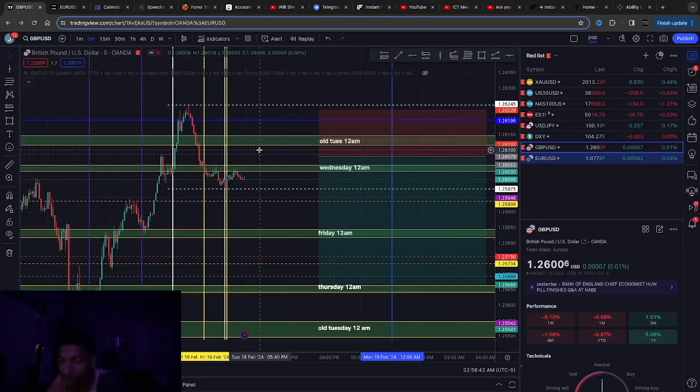Fair value gap: tap, retrace, fill. That's where the fair value gap is. You can trade off each fair value gap.